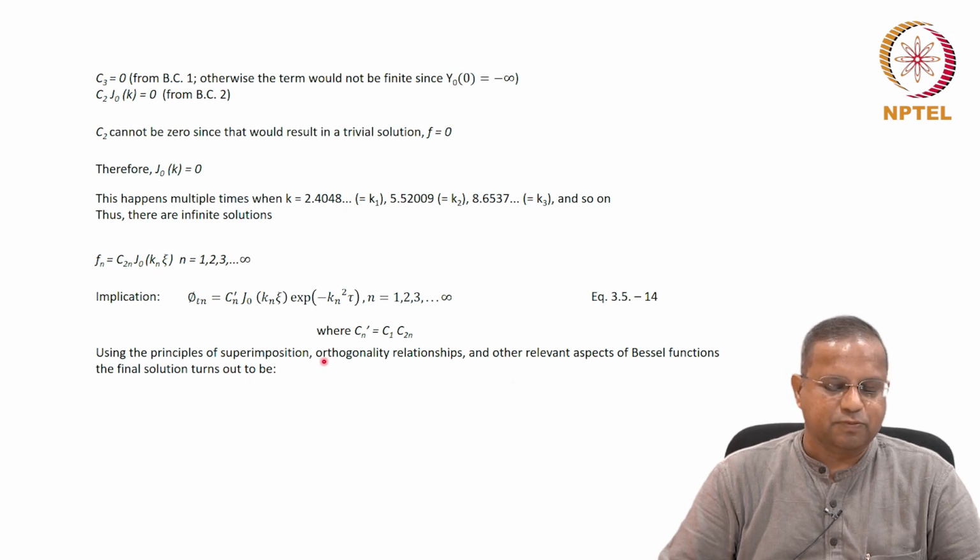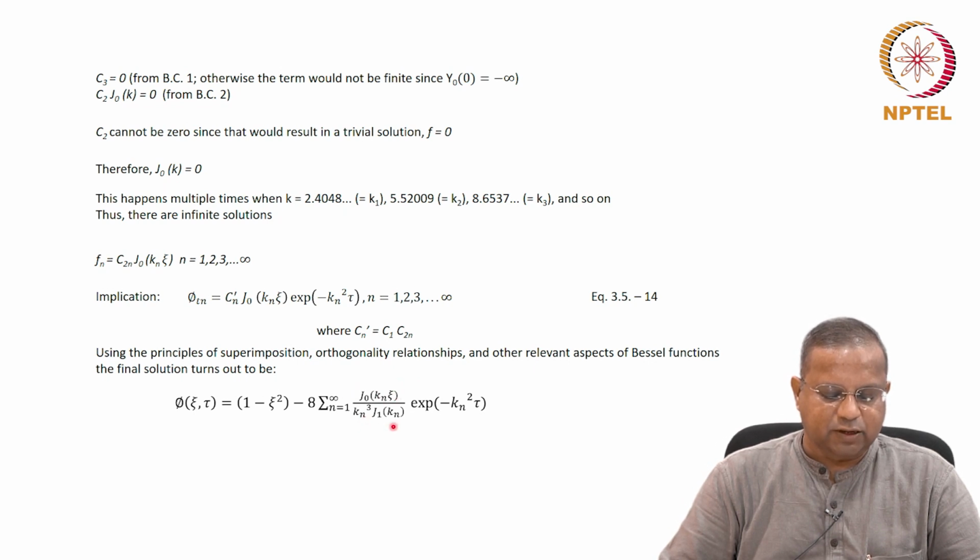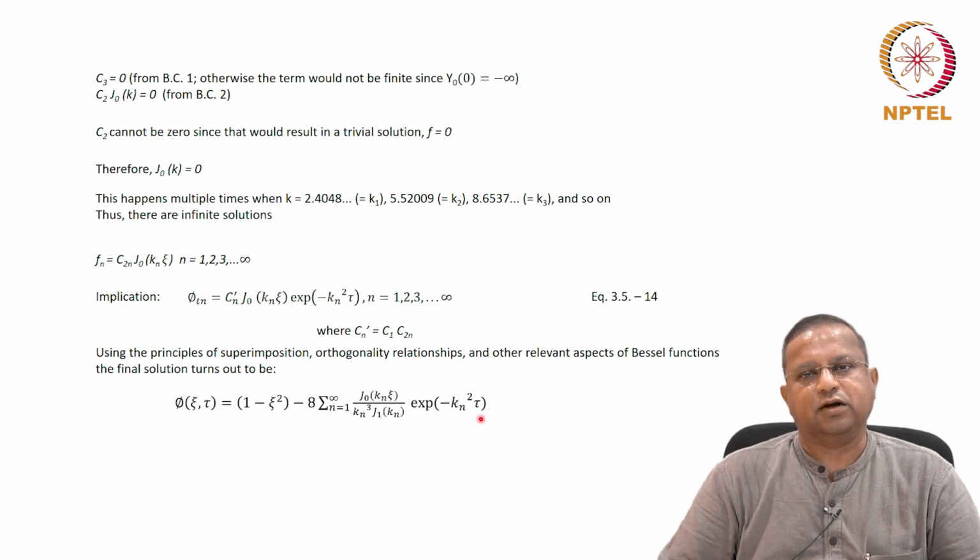And using the principles of superposition, orthogonality relationships, and other relevant aspects of Bessel functions, the final solution will turn out to be phi of xi, tau equals 1 minus xi squared minus 8 times the sum of n equals 1 to infinity, Bessel function of the first kind of Kn xi divided by Kn cubed times the Bessel function of the second kind of Kn, exponential of minus Kn squared tau.